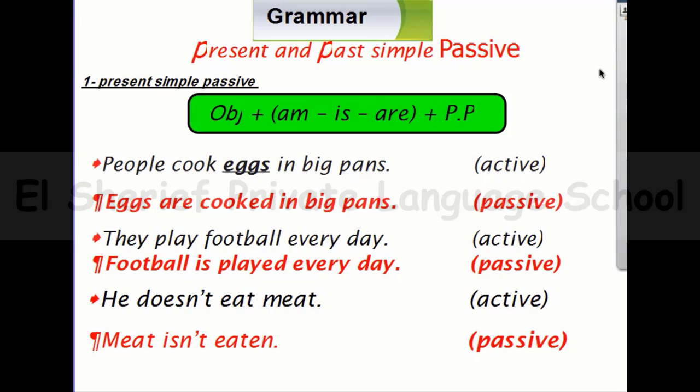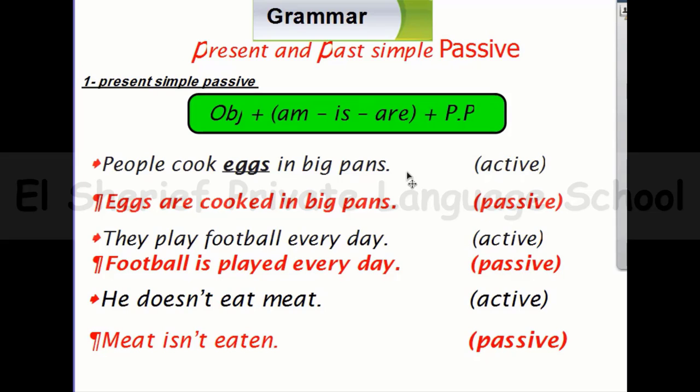Let's turn to the grammar for this unit. Our grammar is about the present and the past simple passive. We use the passive voice when we want to focus on the object, not the subject. Let's start with the present simple passive. Look at the first sentence.